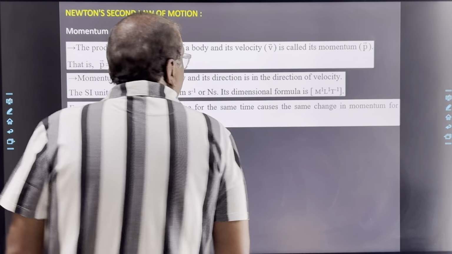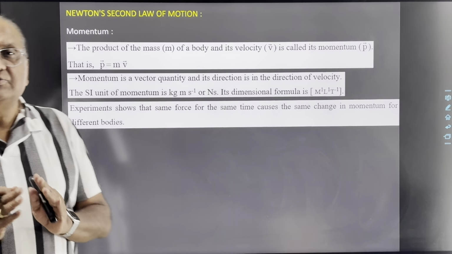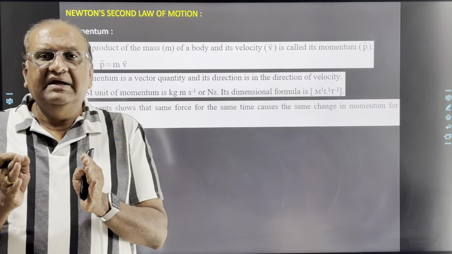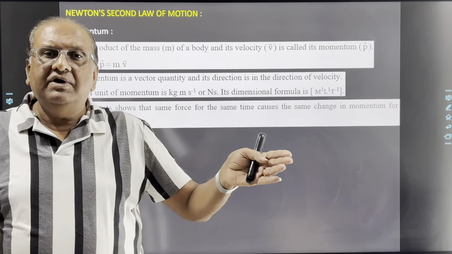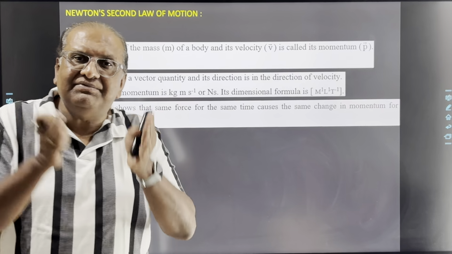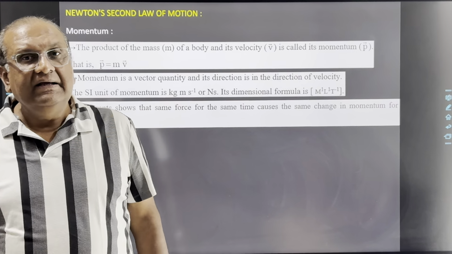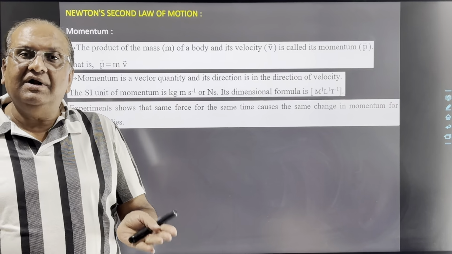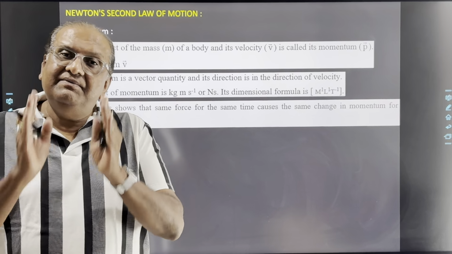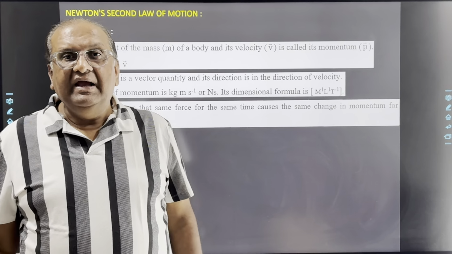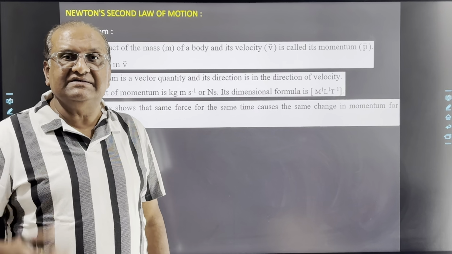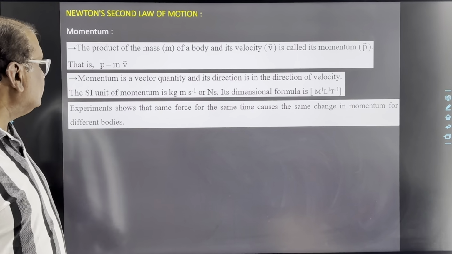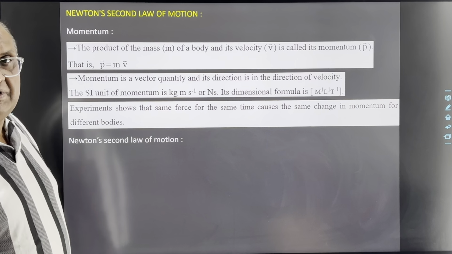Now experiments show this thing: if the same amount of force is applied to different objects for the same time, then the change in momentum for different bodies will be the same. And from these observations, this type of experiments, Newton suggested the second law of motion.